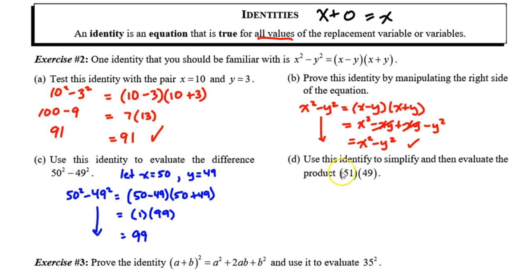So now I'm going to use this identity to simplify and evaluate this product. Again, this would be a hard one for me to do in my head, but if I recognize that 51 is 1 away from 50 and 49 is 1 below 50, I can make some assignments here. That's kind of like adding 1 and subtracting 1 from 50. So I'm going to let x equal 50 in this case, and y equals 1.